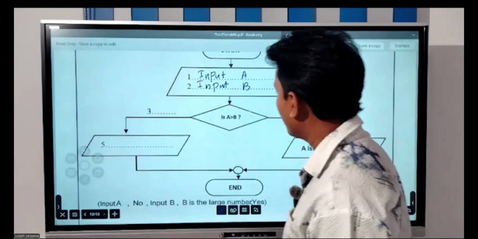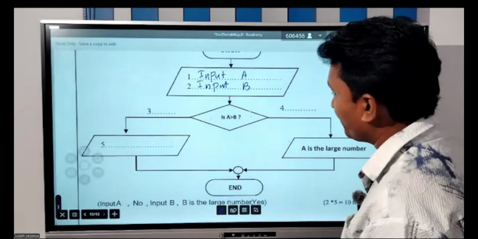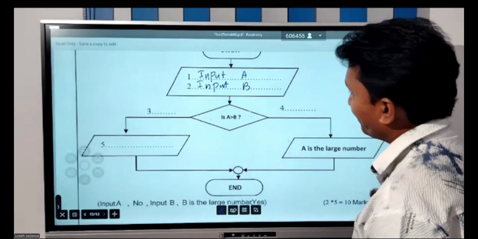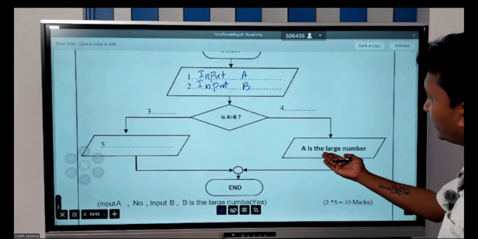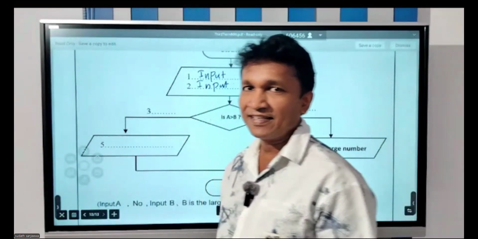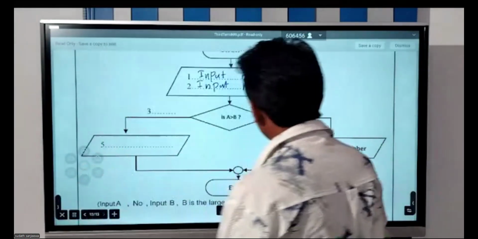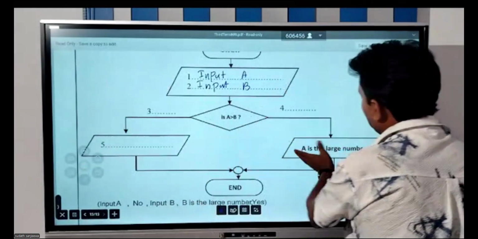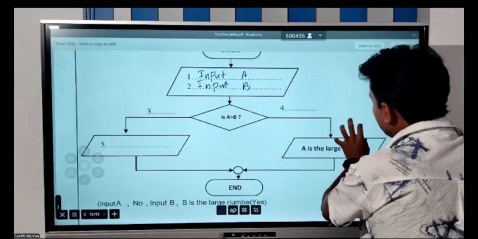What is for 3 and 4? No. Why? ඒක අපි කොහොමද හොයාගන්නේ? දැන් මෙතන තියෙනවා A is the large number.